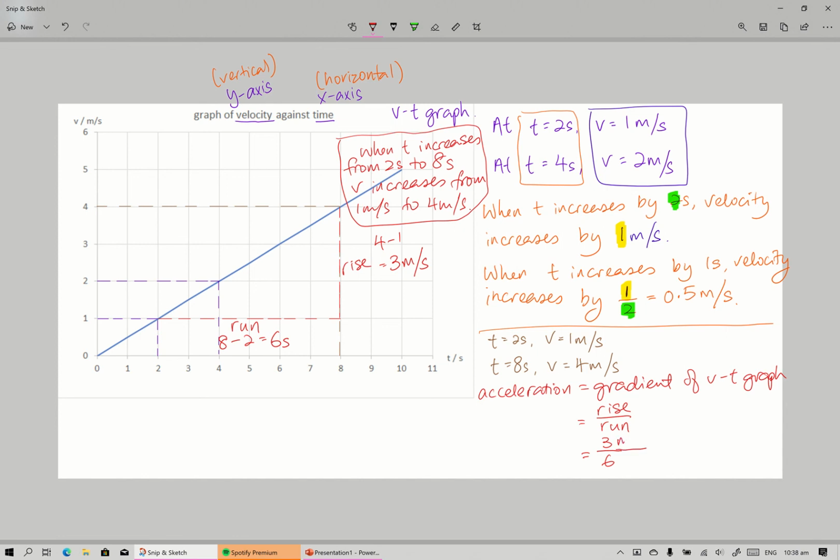So that is 3 meter per second over 6 seconds. And that'll give you 3 over 6 will be 0.5 meter per second, and that'll give you 0.5 meter per second square. And that's how you get the acceleration using gradient of VT graph.